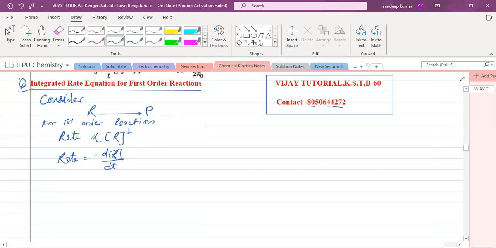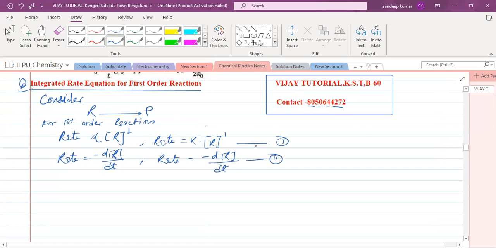Whenever we remove the proportionality, we have to put a constant. So we can write rate is equal to K into R to the power 1. Let it be equation 1. Here, rate is equal to minus dR by dt, minus decrease in concentration of reactant by change in time.